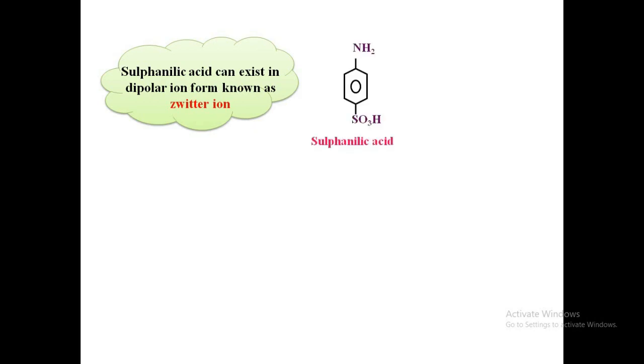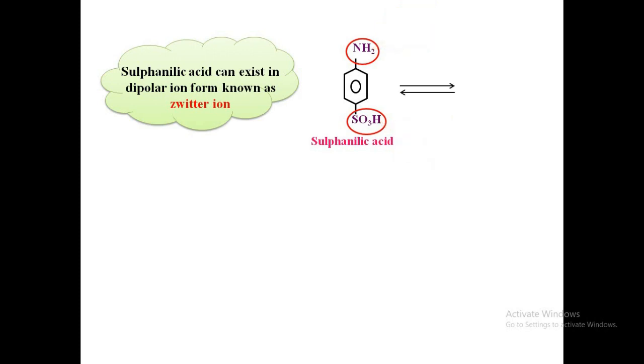If we consider the structure of sulfanilic acid, students, this molecule has both the functional groups. The first functional group is the primary amine, which is basic in nature, whereas the second functional group, the sulfonic acid group, is acidic in nature.